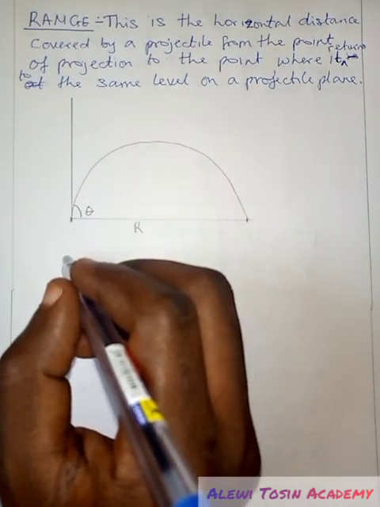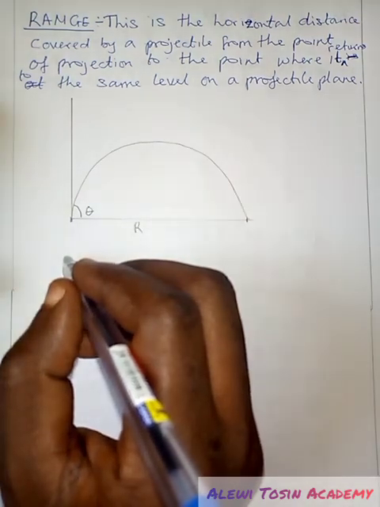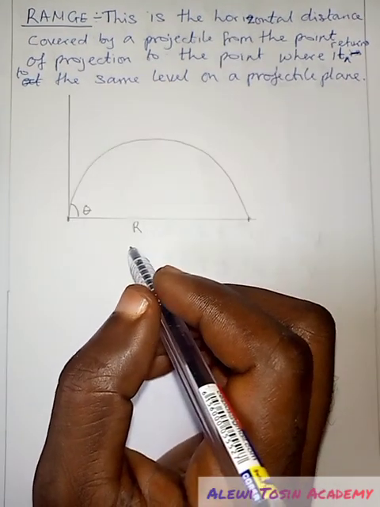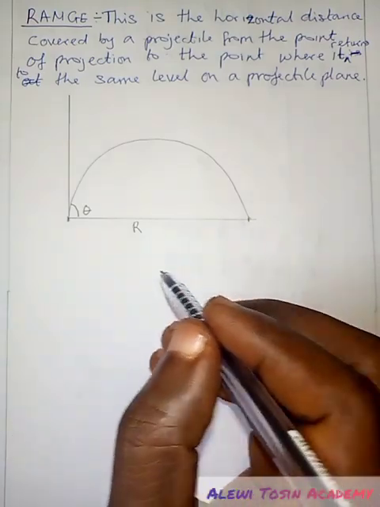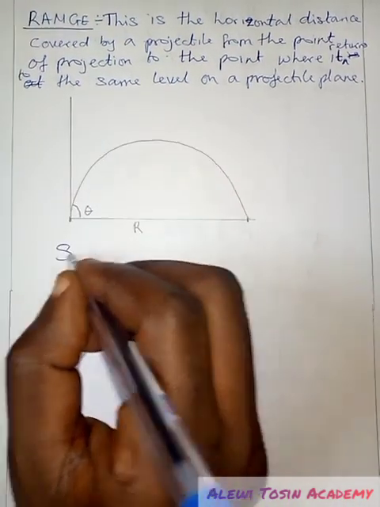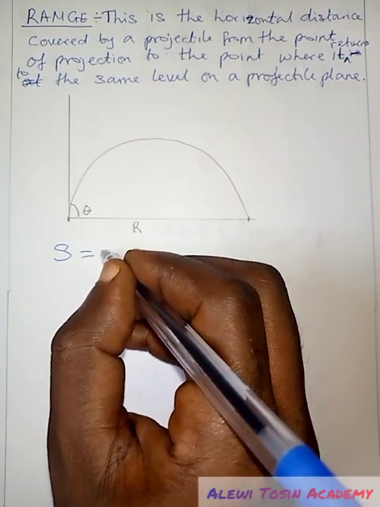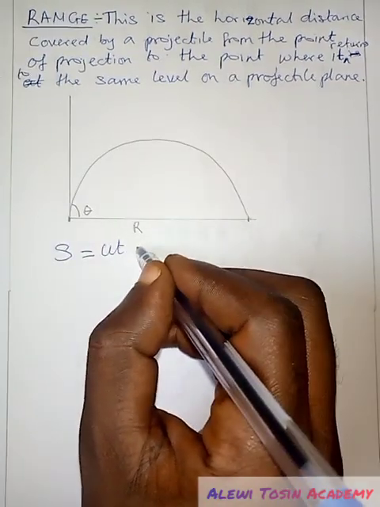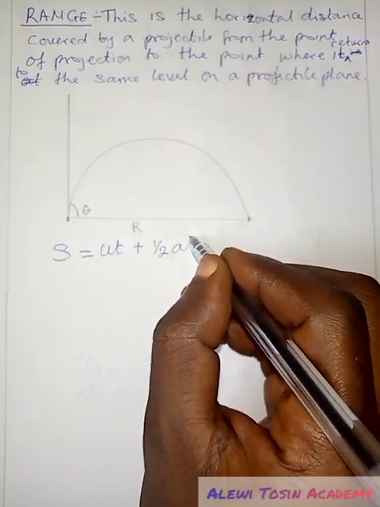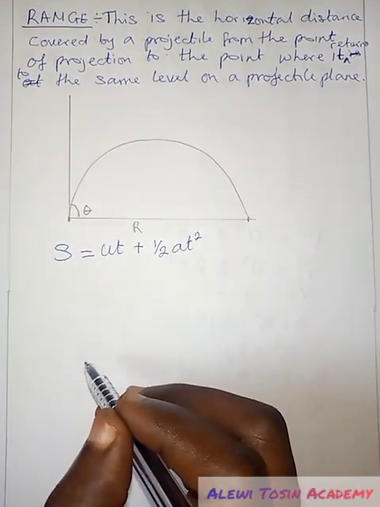Now let's derive the formula for calculating the range of a projectile. From Newton's equation of motion, we said that S is equal to ut plus half at square.